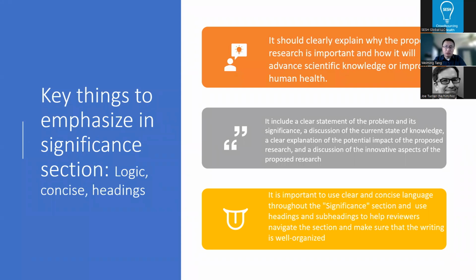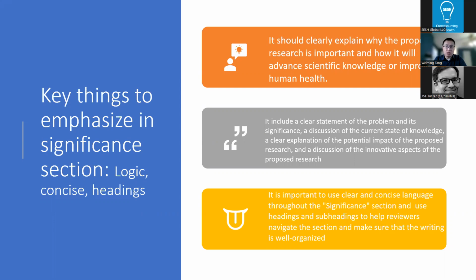It should include a clear statement of the problem and its significance, a discussion of the current state of knowledge, a clear explanation of the potential impact of the proposed research, and a discussion of the innovative aspect of the proposed research.